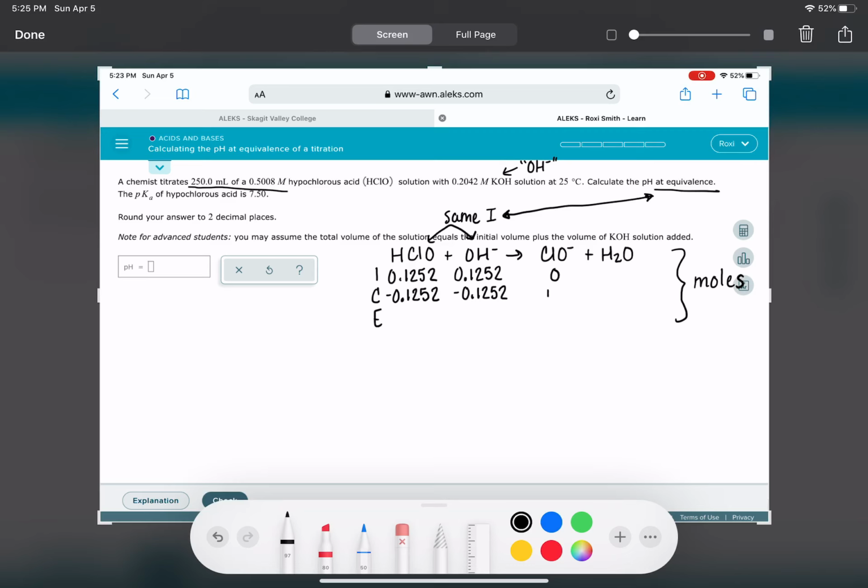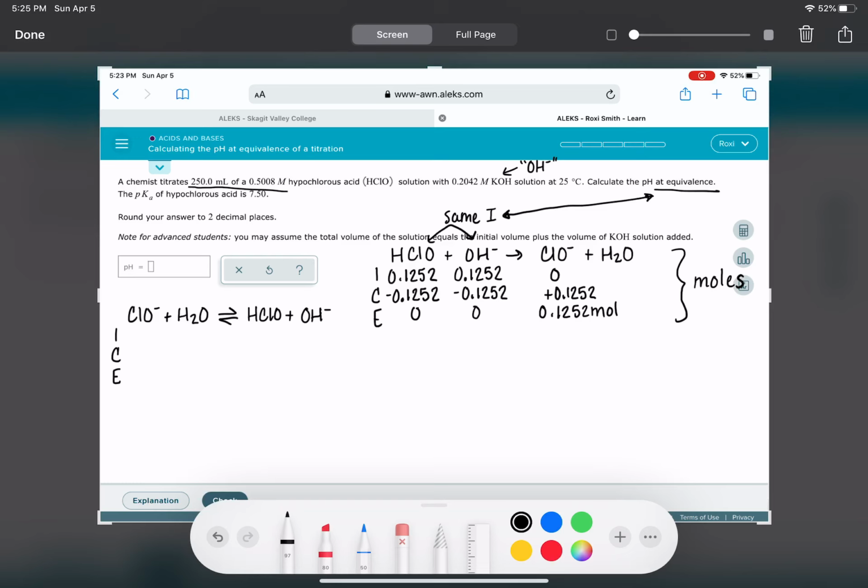0.1252 is our X, 0.1252. And when this reaction is over, all that we're going to have is 0.1252 moles of this ClO minus. The ClO minus is then going to start its own equilibrium with water, and it is going to recreate some of that HClO, and it's also going to make some hydroxide, OH minus.